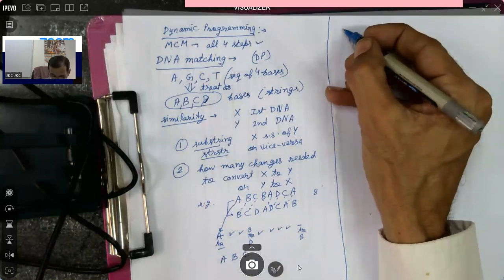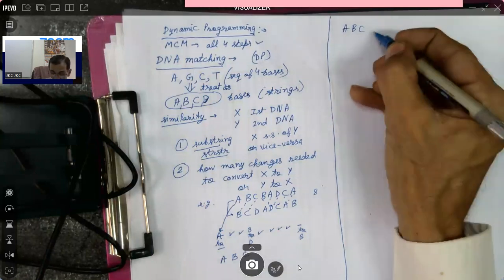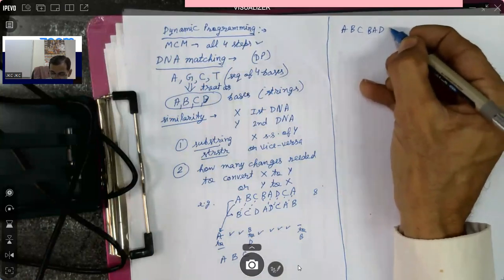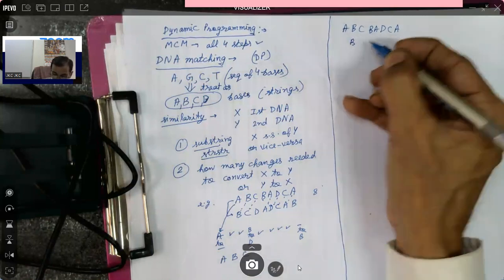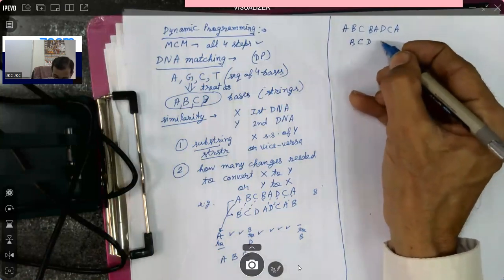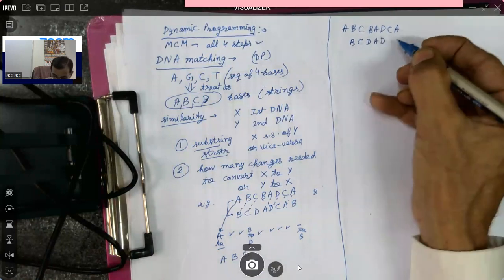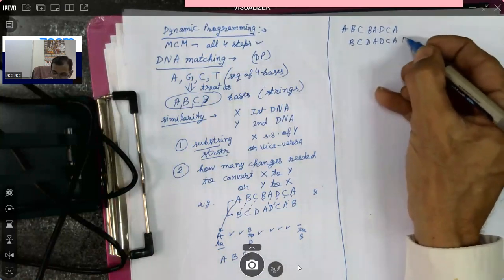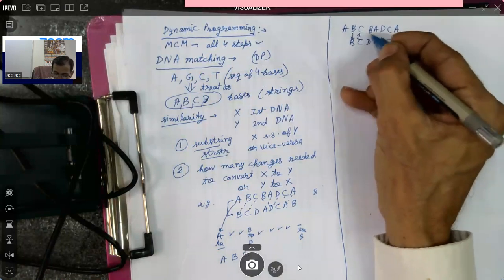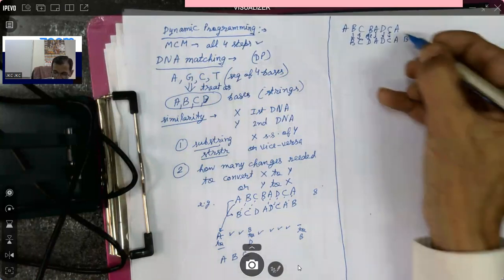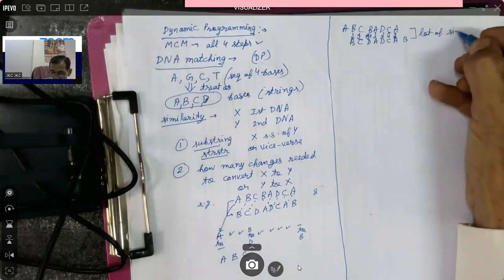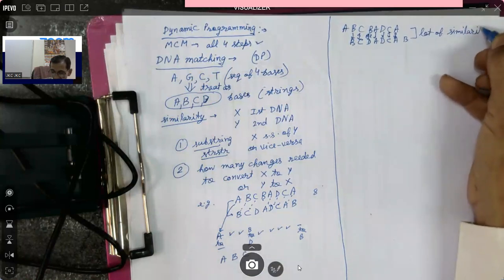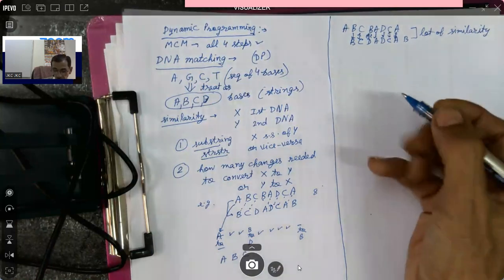So if I had A, B, C, B, A, D, C, A, I could easily write it in a way that shifts the second string towards the right by one place, and effectively I am able to directly have one-to-one matching at most of the places, not this one, but all other places. So I can easily see a lot of similarity is visible. So that can be another way of finding similarity. There are different possibilities to do that.